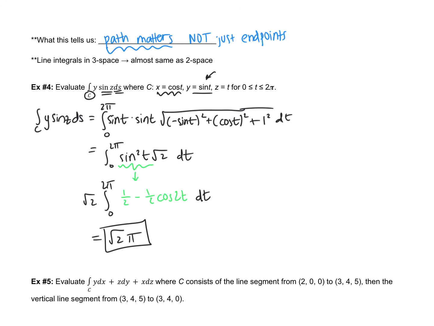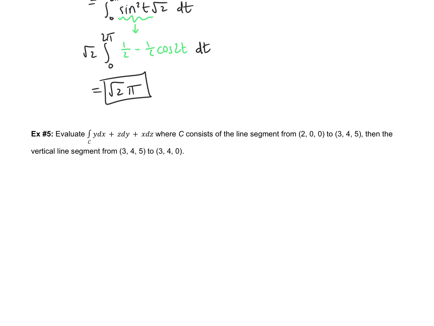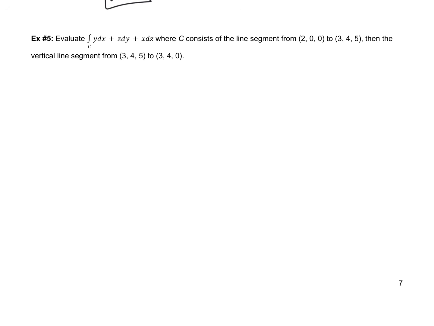Okay, we have one more example that we are going to do in 3-space, and then we will move on to our next objective. So we are evaluating this line integral where C consists of the line segment from that point to that point, and then a vertical line segment from that point to that point. So I'm not going to draw this. I'm just going to start by writing our 2 line segments parametrically.